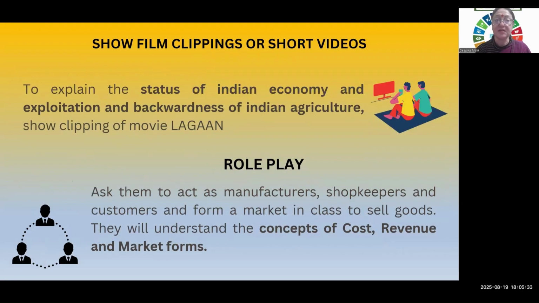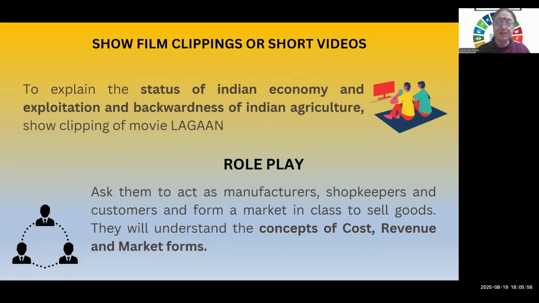The next example we can give them to understand various topics. Like there's a chapter of Indian economy in which it is shown that India was exploited and it was backward because of the exploitation done by the Britishers.